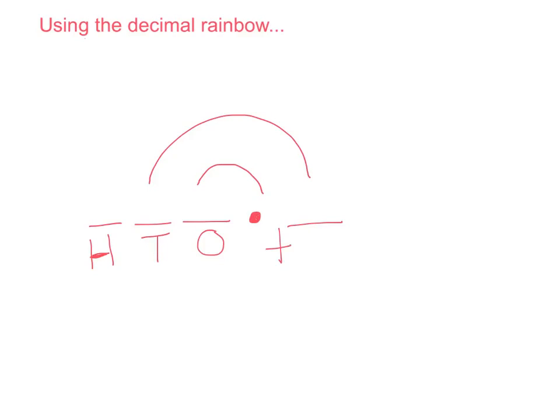We have ones, tens, and hundreds. And when we're doing the rainbow, the point of it is to help us remember where the tenths go and where the hundredths go. So we tell ourselves that the ones place goes to the decimal point, the tens place goes to the tenths place, and the hundreds place goes to the hundredths place.